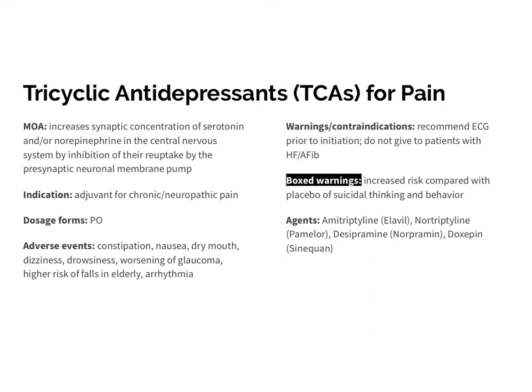That's actually a boxed warning on all antidepressants. Some TCAs have a cardiac component in their adverse effects, so they do recommend that an EKG be performed prior to starting a TCA. You should not give TCAs to any patient who has atrial fibrillation or heart failure. Agents in this class include amitriptyline, nortriptyline, desipramine, and doxepin.